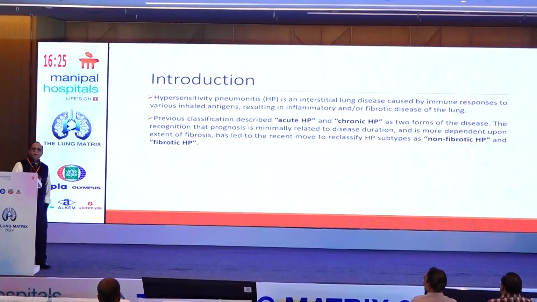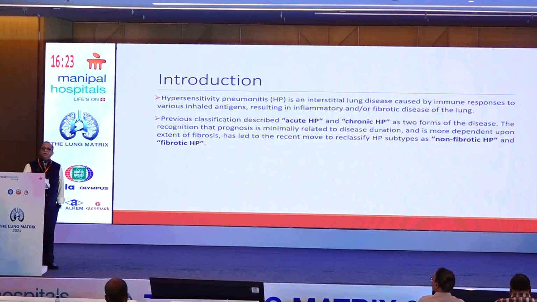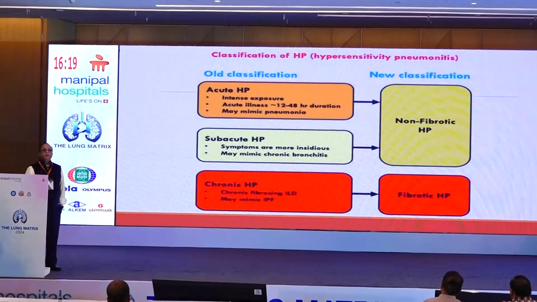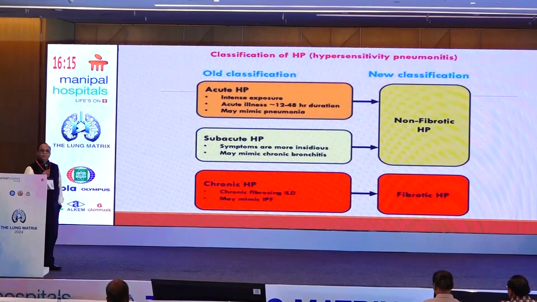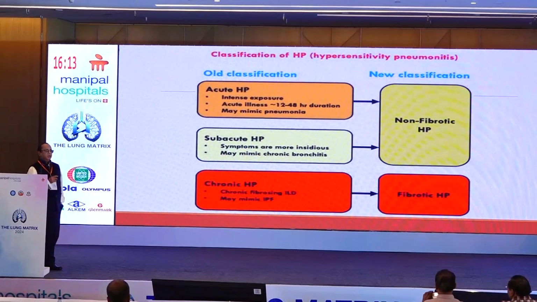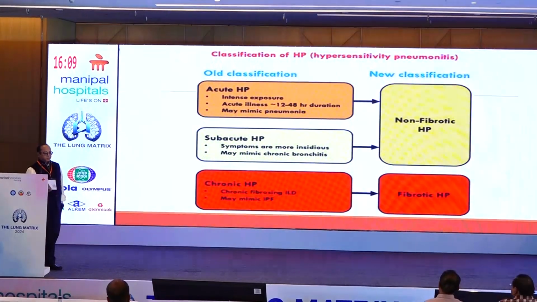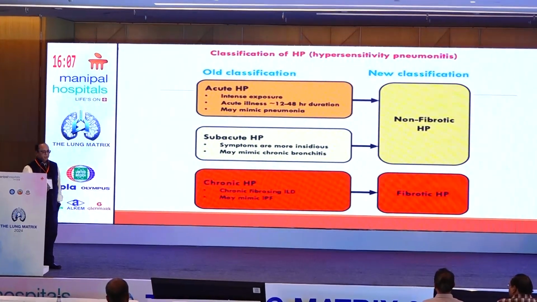So the earlier classification was based on time, but now they have been grouped not on the basis of time, but on the basis of inflammation versus fibrosis. If the fibrosis score is more, it becomes fibrotic HP.